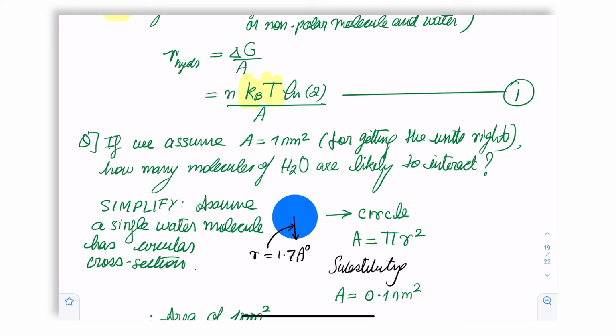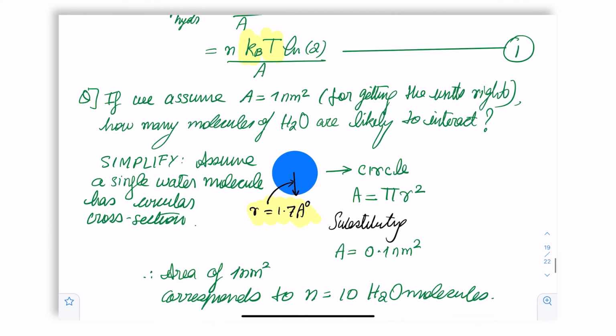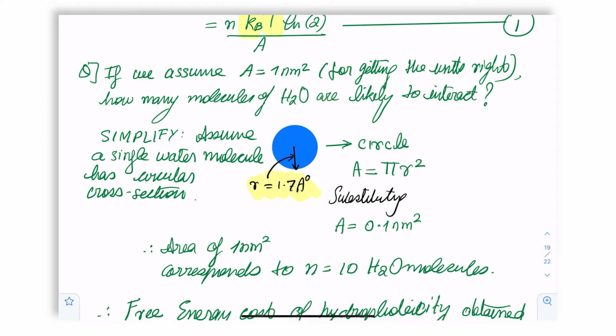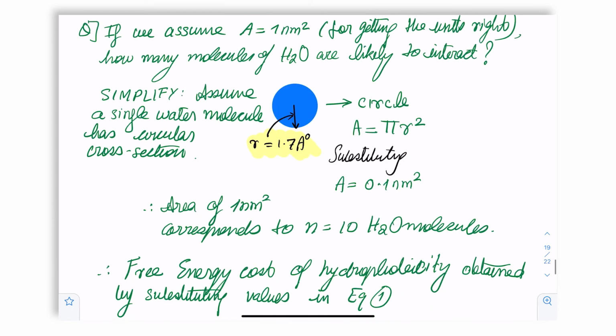So if we simplify it in this fashion, then the radius of a water molecule is 1.7 angstroms. It's a circle. With pi r square, substituting r, we get A is equal to 0.1 nanometer square, which means that if one molecule is 0.1 nanometer square, how many molecules fit into 1 nanometer square? It's evident it's 10. So 10 water molecules correspond to 1 nanometer square cross-sectional area.